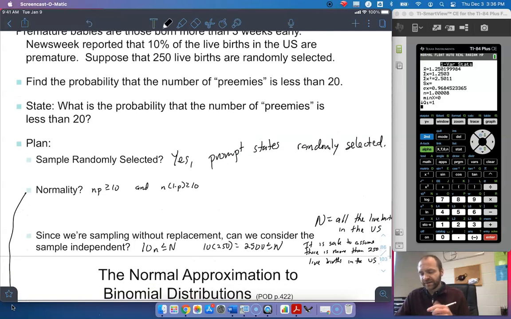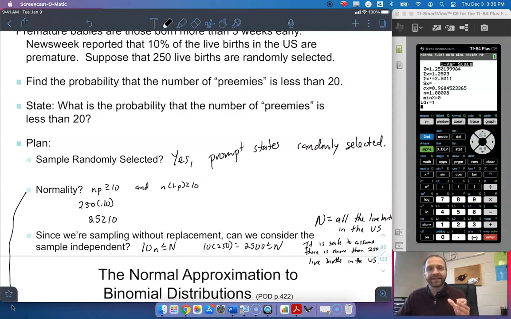The probability is 10%, so 250 times 0.10 gives me 25. So I have at least 10 successes. Good. Failures: 250 times 0.90 gives you 225. I do have at least 10 failures.